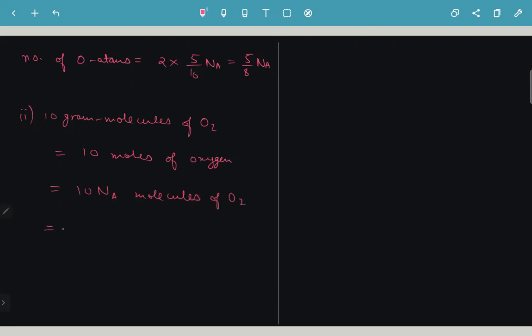Each oxygen molecule has 2 atoms, so 2 into 10 Na atoms of oxygen. So the number of atoms in this sample is 20 Na. For the second question, the answer is 20 Na.